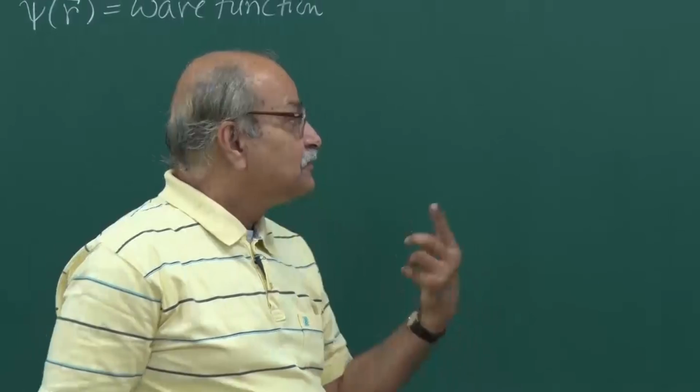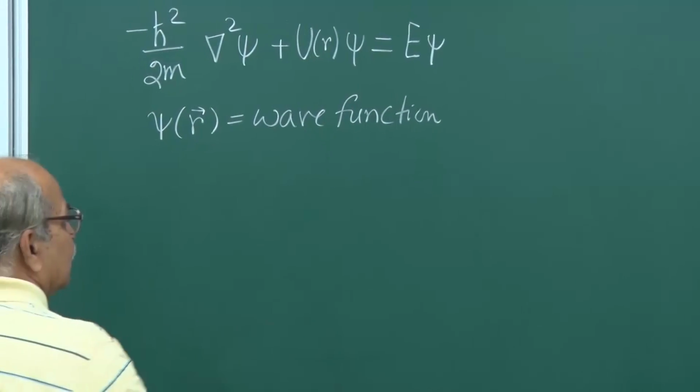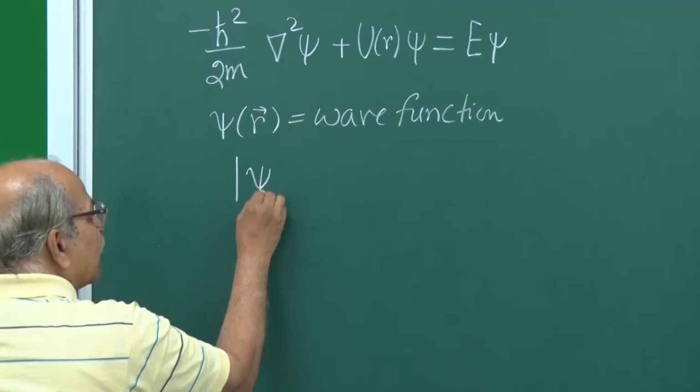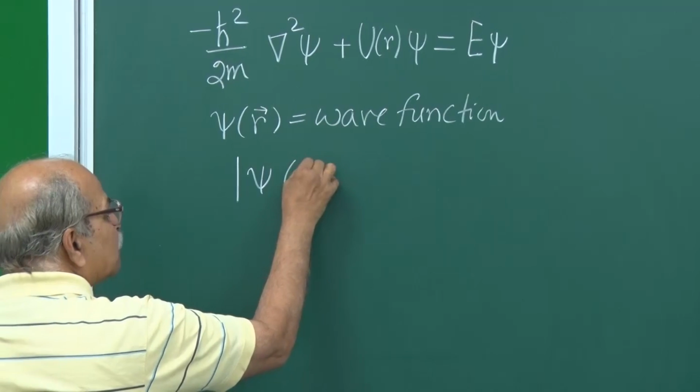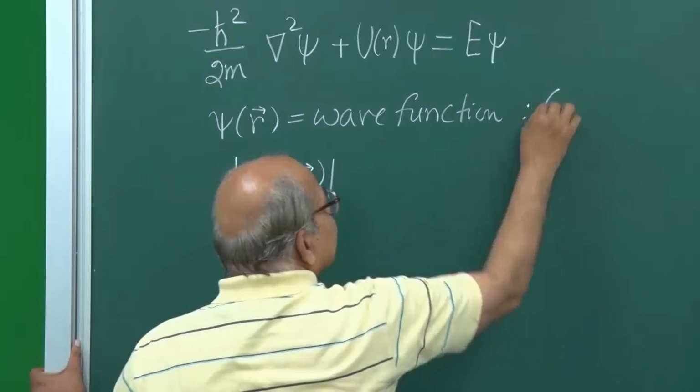So this wave function psi, which is a function of a space point, if you write what is called mod psi square. What is that mod? This function can be a complex function.